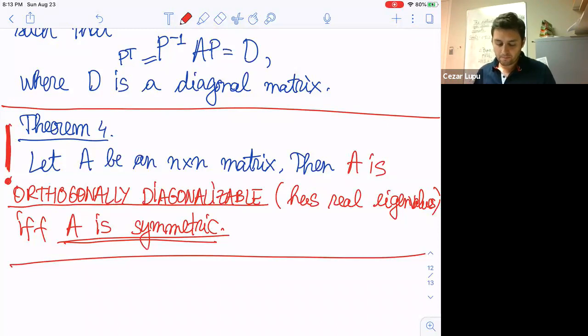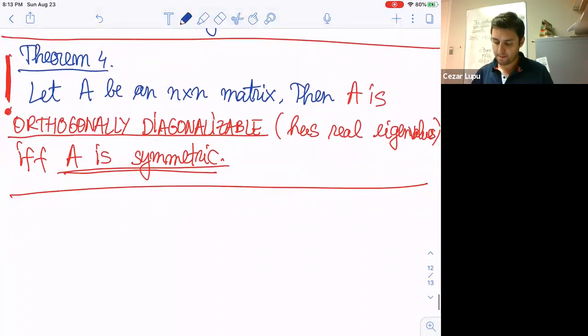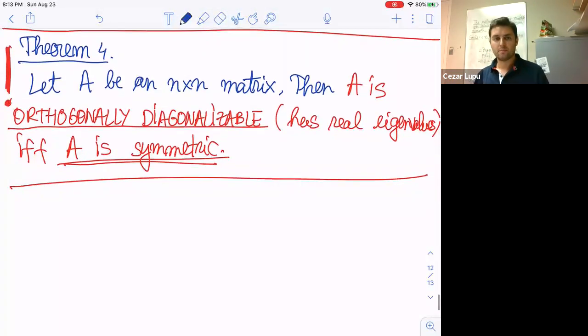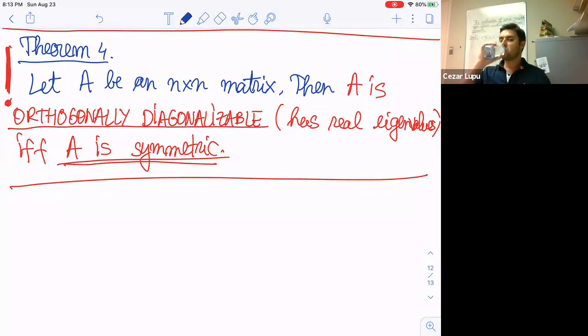And now let's see an example. Let's look at the theorem again. Now we'd like to see how to tell which matrices are orthogonally diagonalizable.